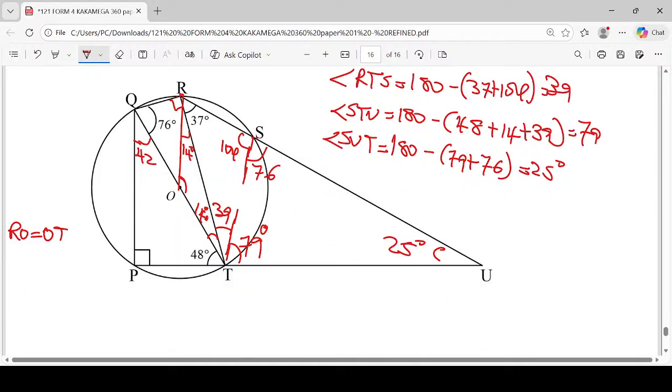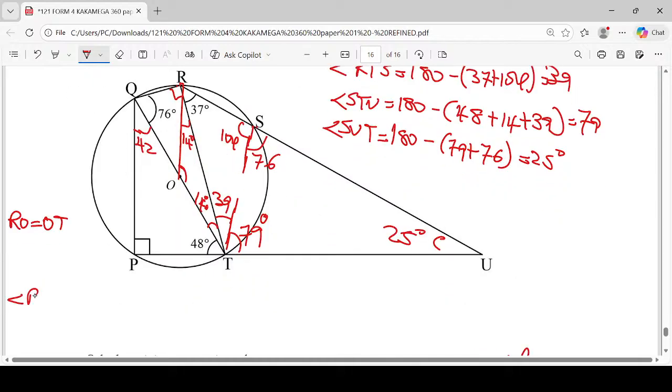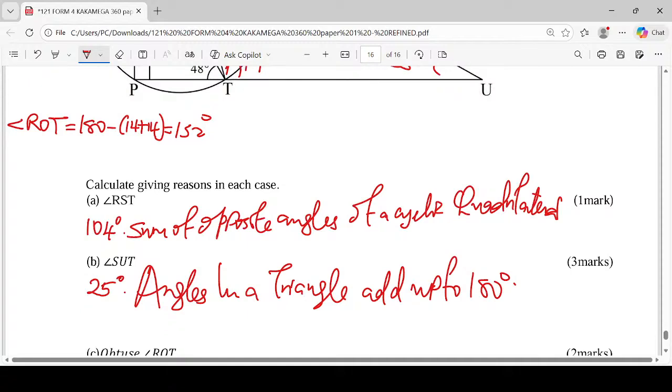So to get angle ROT, it will be 180 minus 14 plus 14. That is just like saying 180 minus 28, that is 152. So the obtuse angle they are asking is 152 degrees.